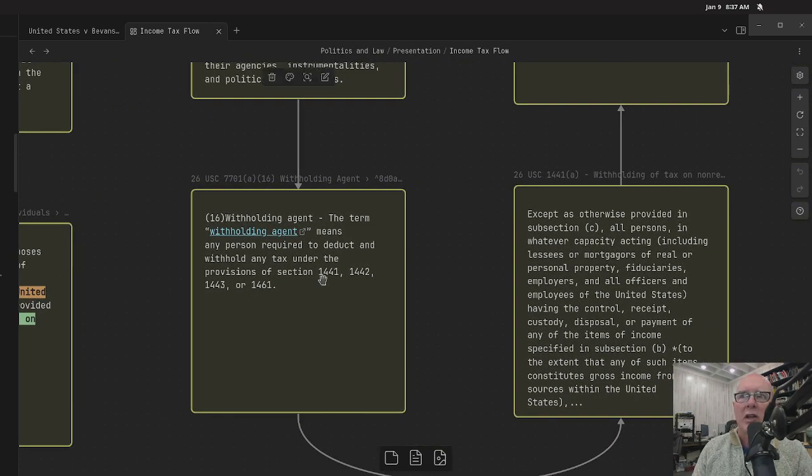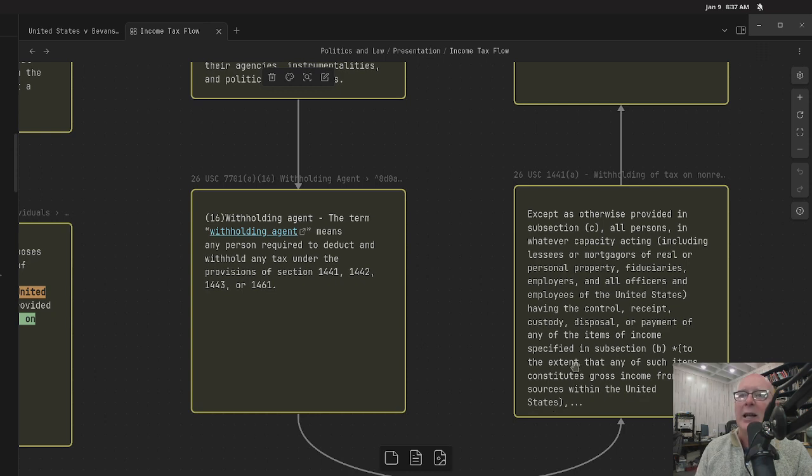So here is 1441: except as otherwise provided in subsection C, all persons in whatever capacity acting, including lessees or mortgagors of real or personal property, fiduciaries, employers, and all officers and employees of the United States, having the control, receipt, custody, disposal, or payment of such items, to the extent that any such items constitute gross income from sources within the United States.